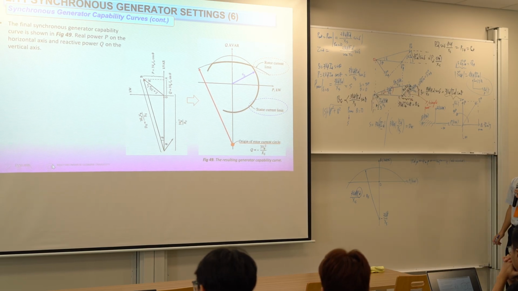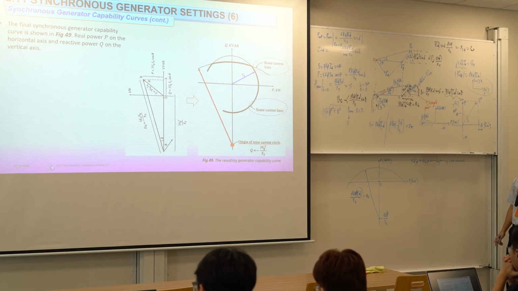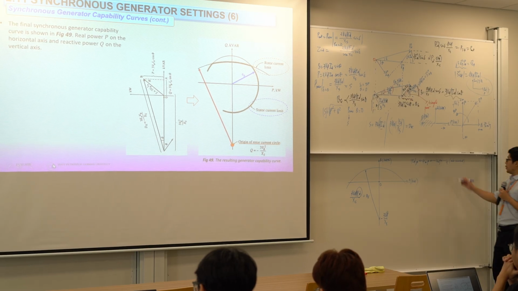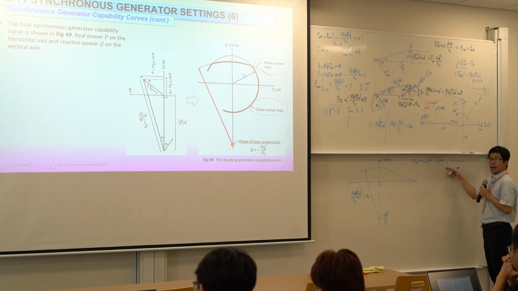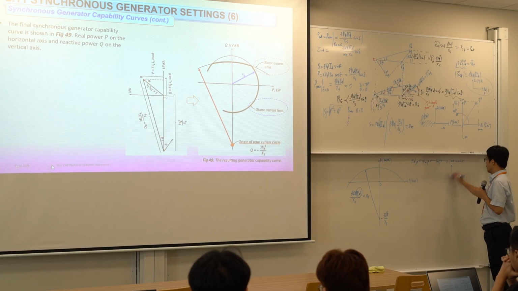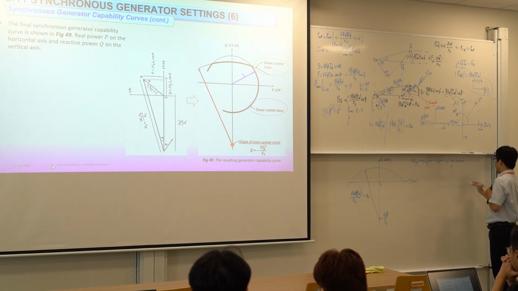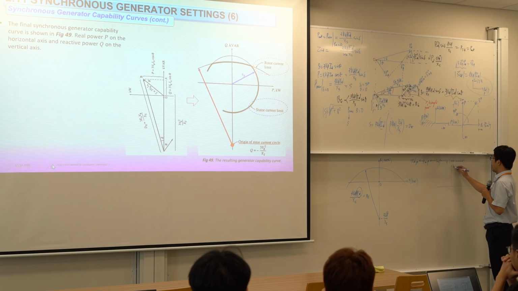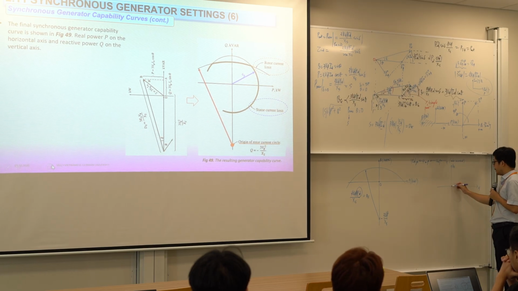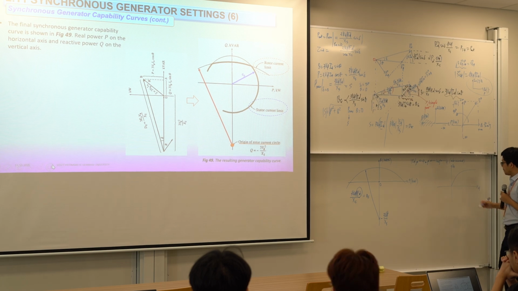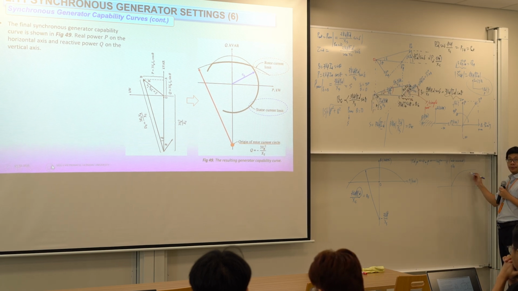Did you read me? Yes. Okay. So of course we can increase Im, but this is IF, this is VR, the rotor magnetic field, and you get this direction. This is the saturation curve.